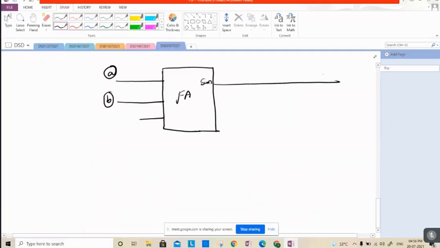This is the sum, Z equal to Q XOR A XOR B. This is D in.